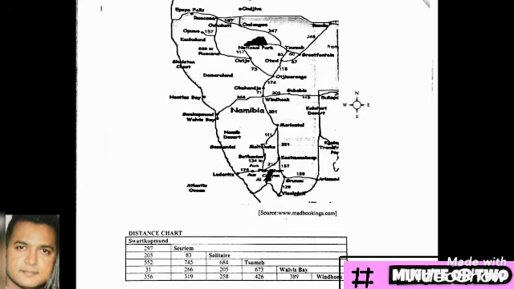The two values will be 221 and 261. This is important because this is our actual distance, and remember the actual distance will be in kilometers. All we need to do is measure the distance between the two places. Now how do we do this? We take our ruler and we use a principle called as the crow flies.